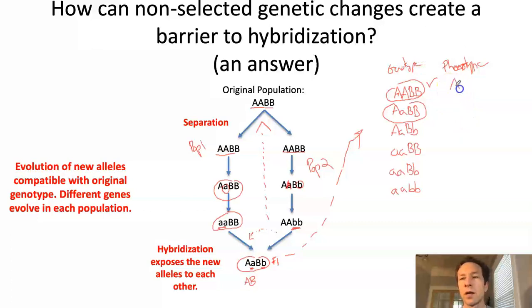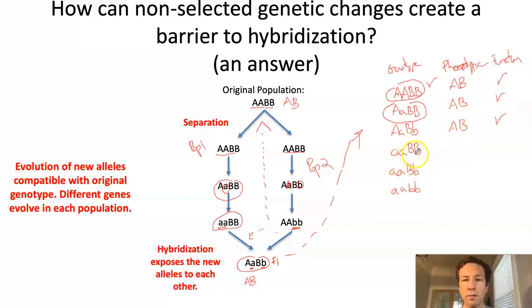So here, our phenotype is big A, big B. That's our original phenotype, so we know that's okay. Are they functional together? Yes. Here, our phenotype is still big A, big B, and that's true here. And so we know that all of these are going to be fine.